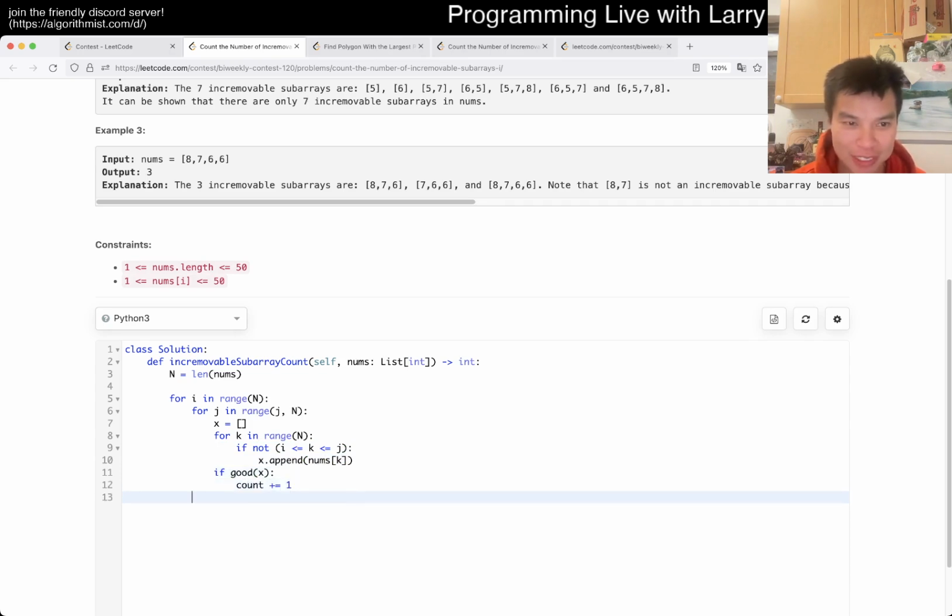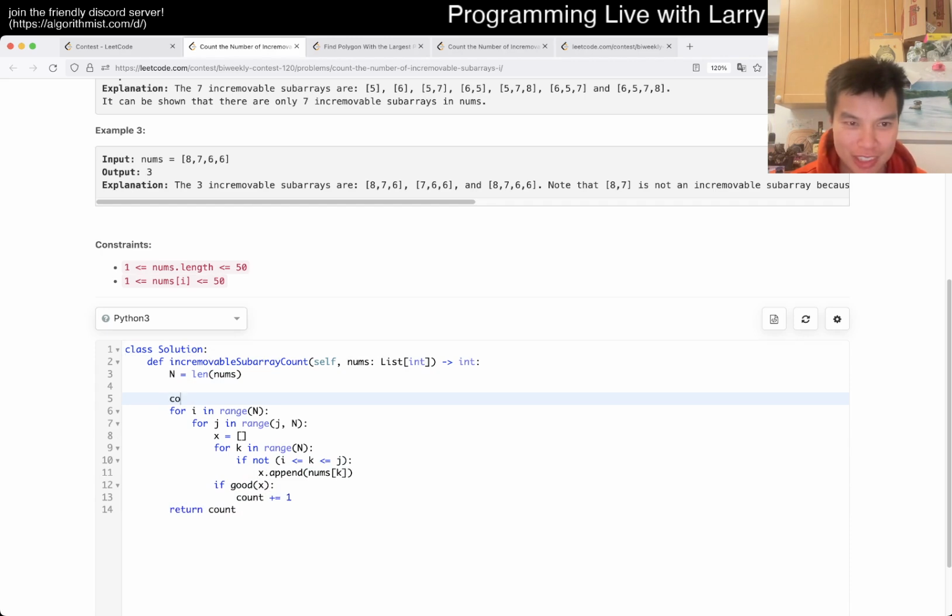It is such bad code, but gotta get it done quick.